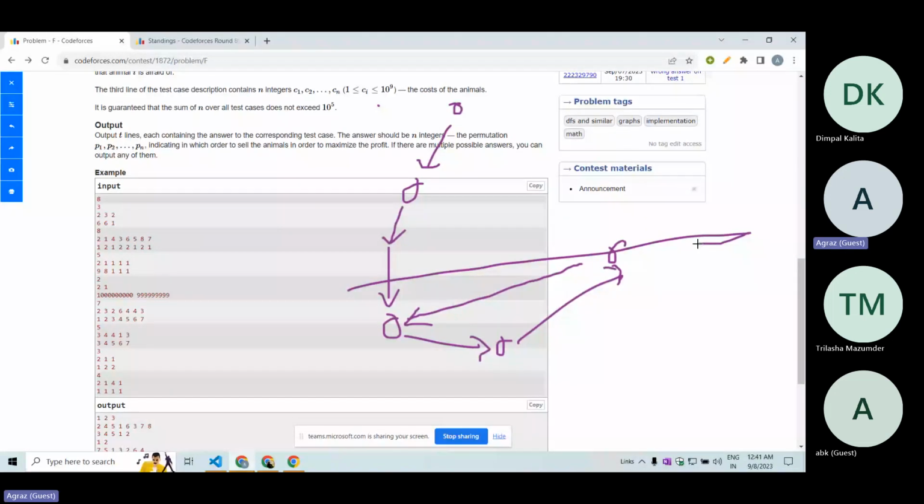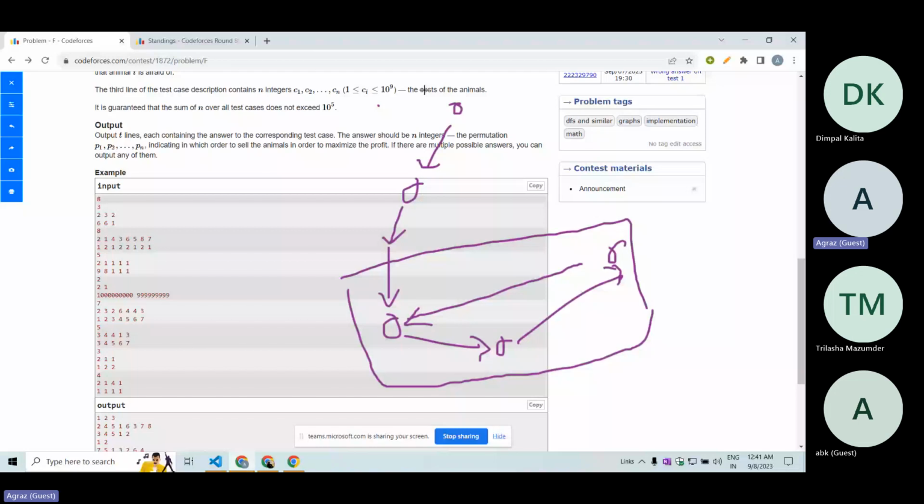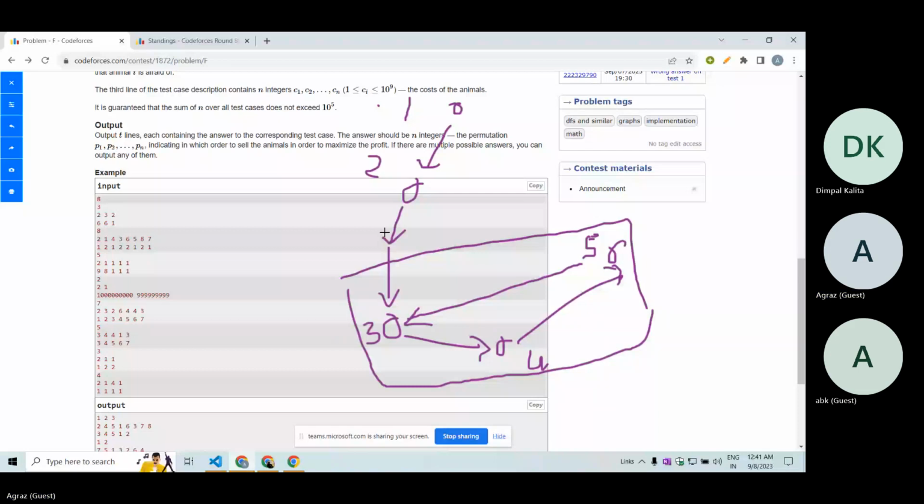This component is in a cycle, but this component is not in a cycle. 1, 2, 3, 4, and 5. So 1 and 2 will not be in a cycle, but 3, 4, and 5 will be in a cycle. So this is the cycle. So 1, 2, and 7 are acyclic, and 3, 4, 5 are cyclic.